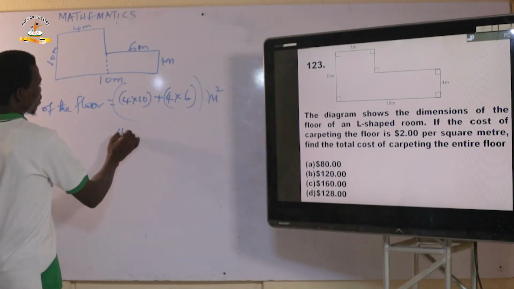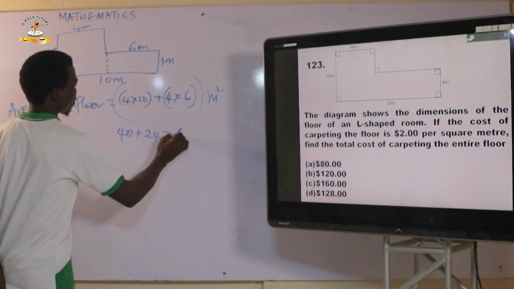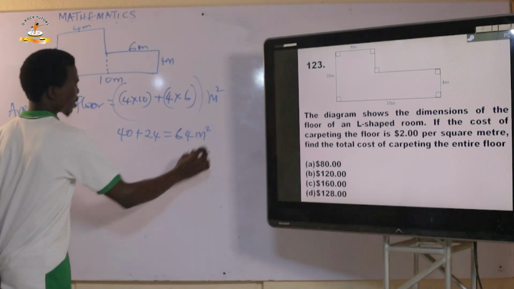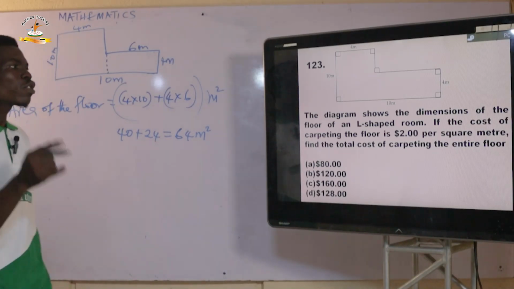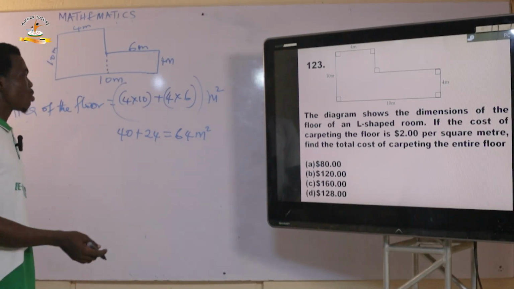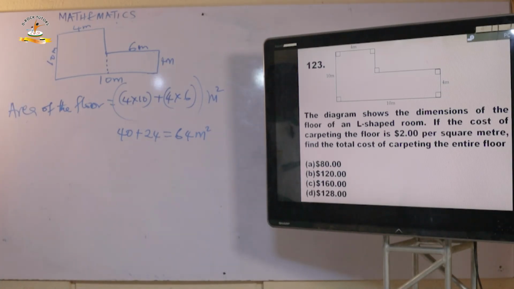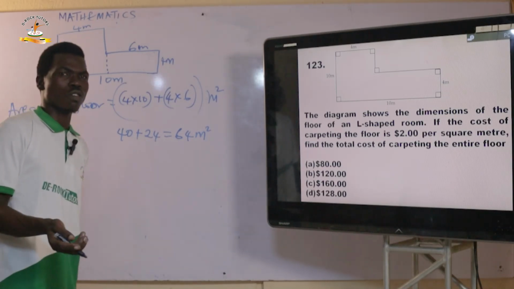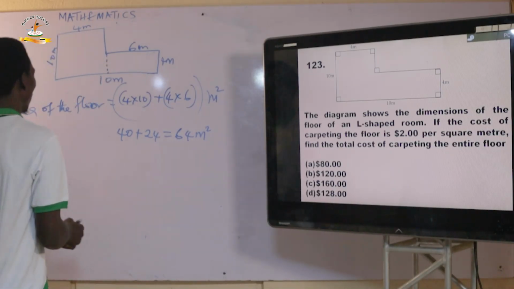This is 40 plus 24, which is 64 meters squared. So the total is 64 square meters, and it is $2 per square meter. So we simply multiply 64 by 2 to get the total cost of carpeting the whole floor.